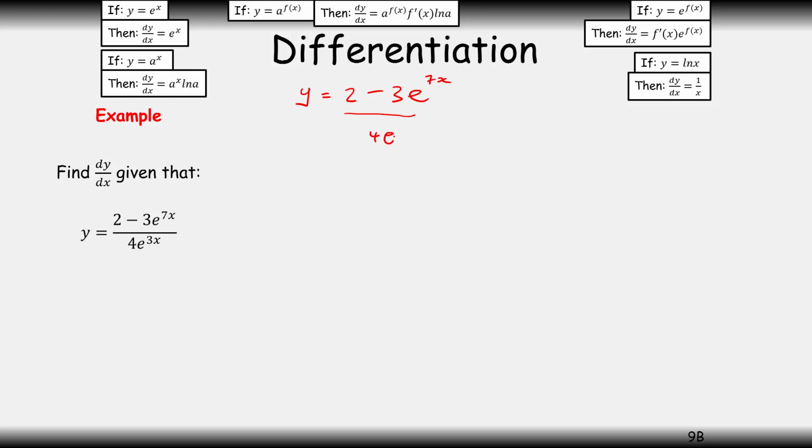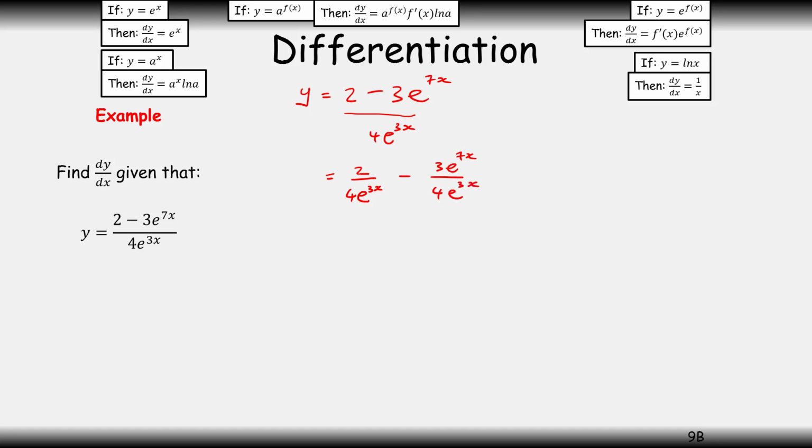Now I want to do a term by term differentiation, which makes it a lot easier. So I'm going to split this fraction into 2. So that's going to be 2 all over 4 e to the power of 3x, minus 3 e to the power of 7x all over 4 e to the power of 3x.